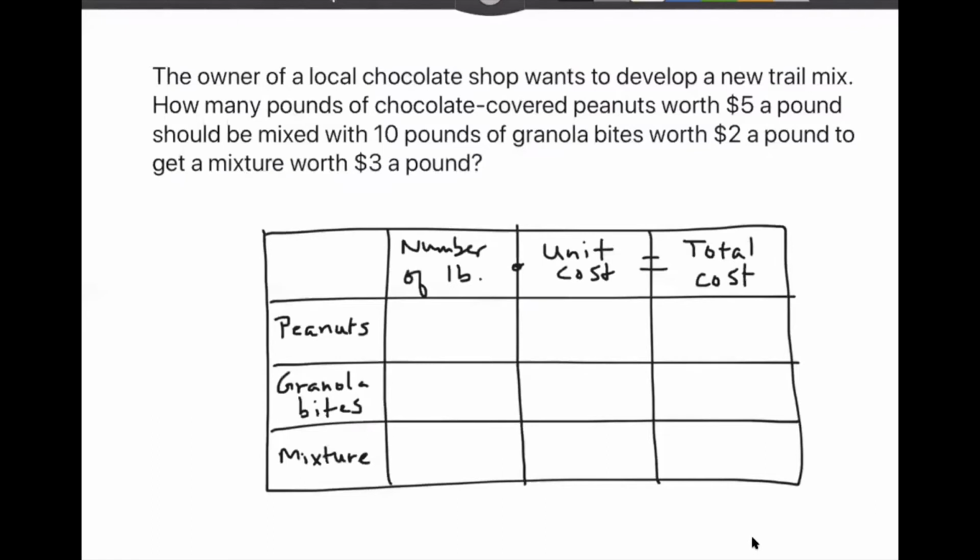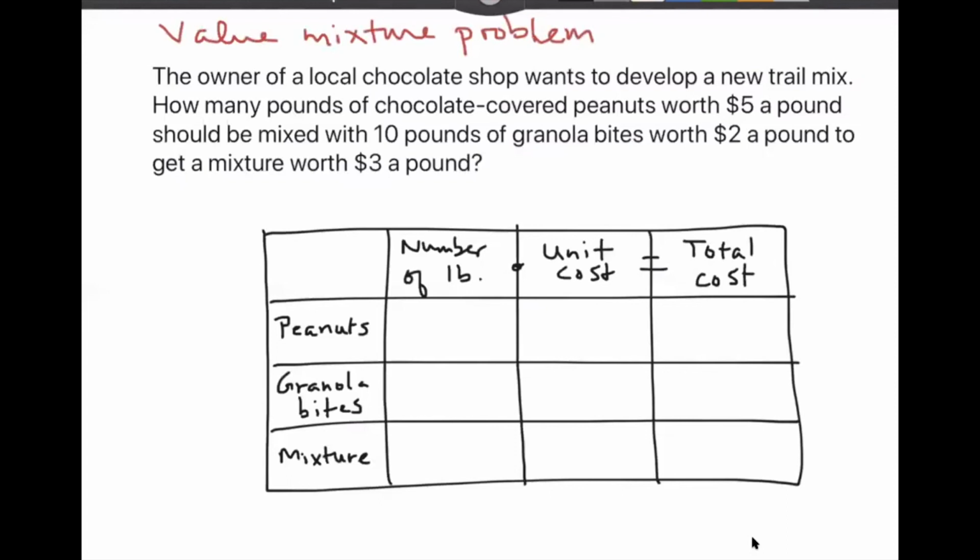All right, so again, this is called a value mixture problem. And I think you can see why it's called that. The idea behind a value mixture problem, let's look at the granola bites because we know everything there is to know about granola bites.